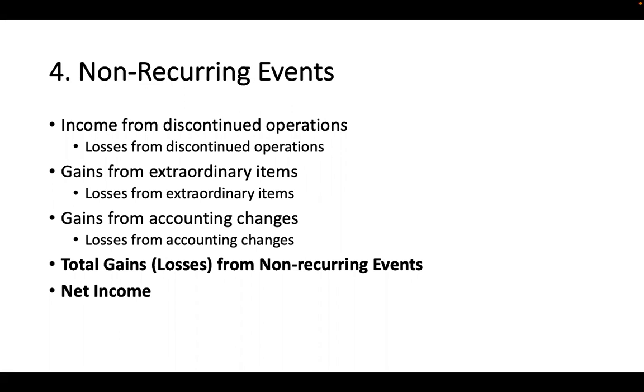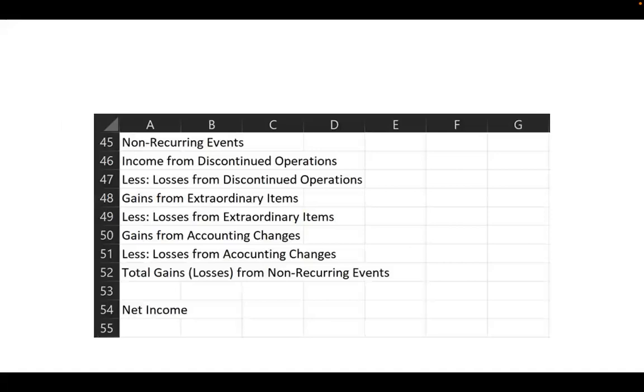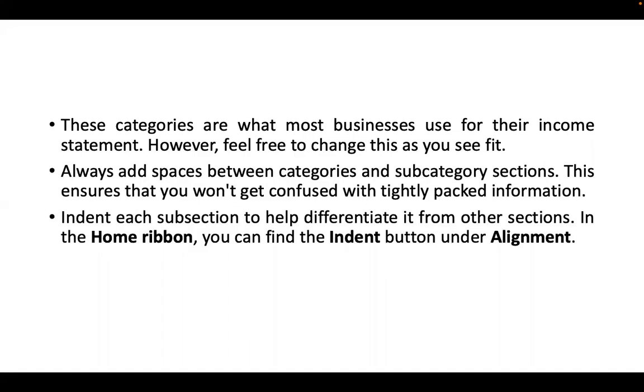If there are certain expenses or gains in our journals based on non-recurring events, which are once-in-a-while kinds of expenses, or out of nowhere we have to spend something, or out of nowhere we get some sort of supernormal profit, it will come under this part. In an Excel sheet we have to write this the way they are appearing here.